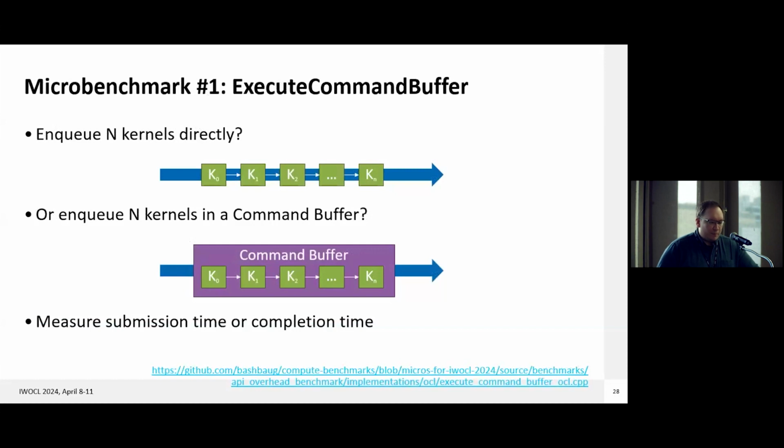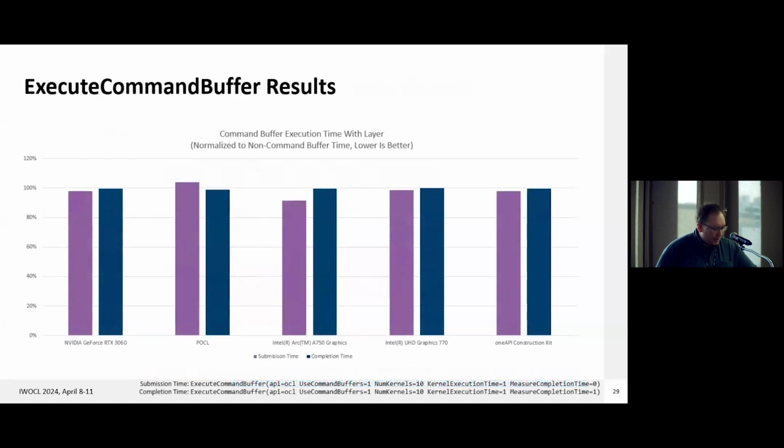The primary micro benchmark we developed is a basic command buffer execution benchmark. It either enqueues n kernels directly into a command queue or n kernels in a command buffer. And this test can measure submission time or completion time. We have some results on a bunch of different devices.